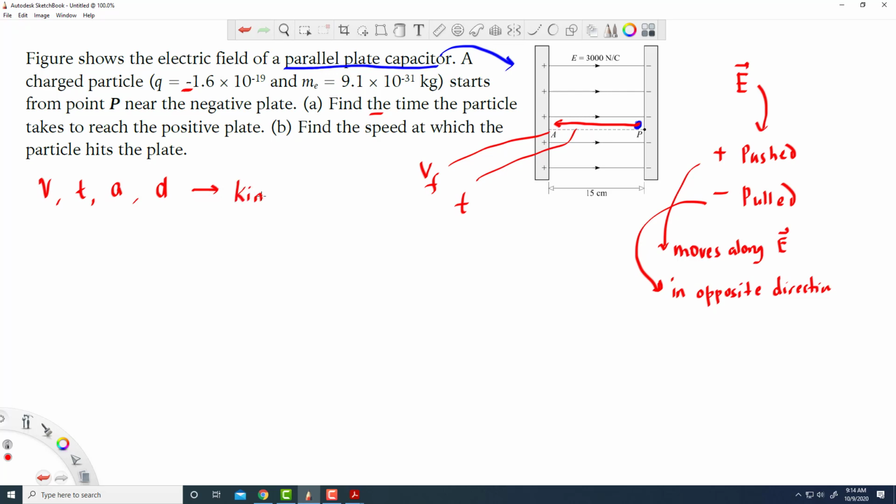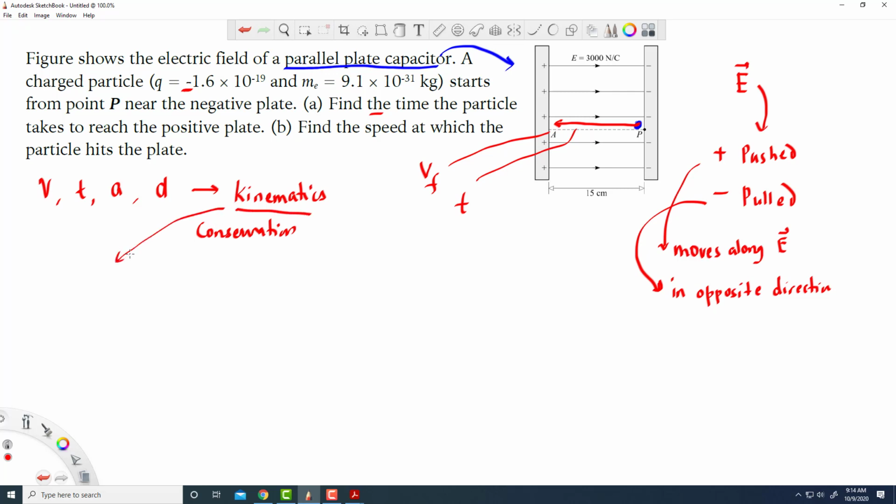So we can use kinematics ideas to solve this problem, or you can also use conservation of energy. Sometimes you can also use conservation of energy. So we'll see both the ways to solve this problem. Let's first see the kinematics.